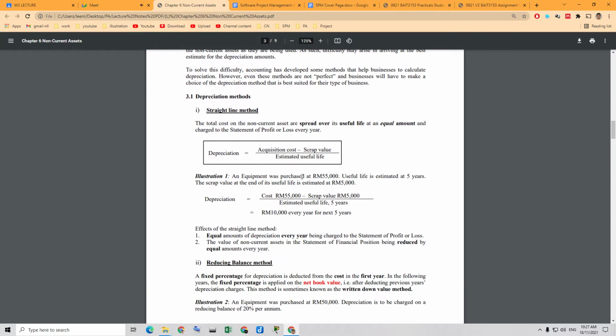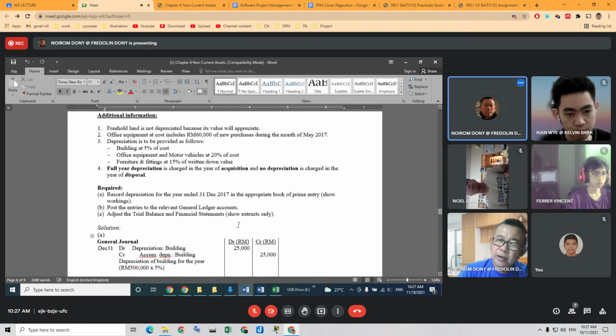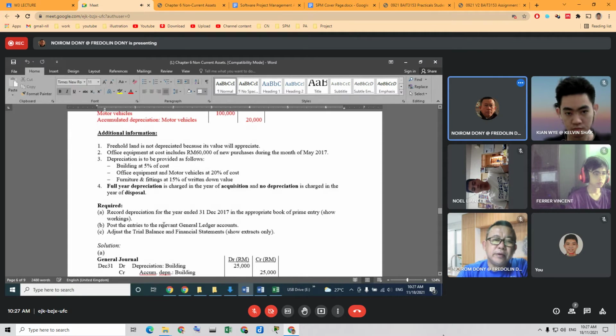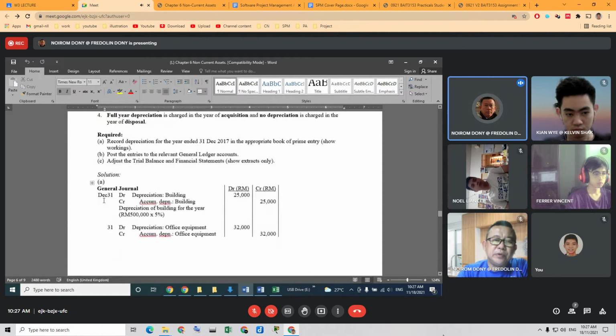Now, the general journal. Based on this, we only record the depreciation. We only do the prime entry for depreciation. We have to do this at the end of the year, so look at the date, everything will be December 31st.